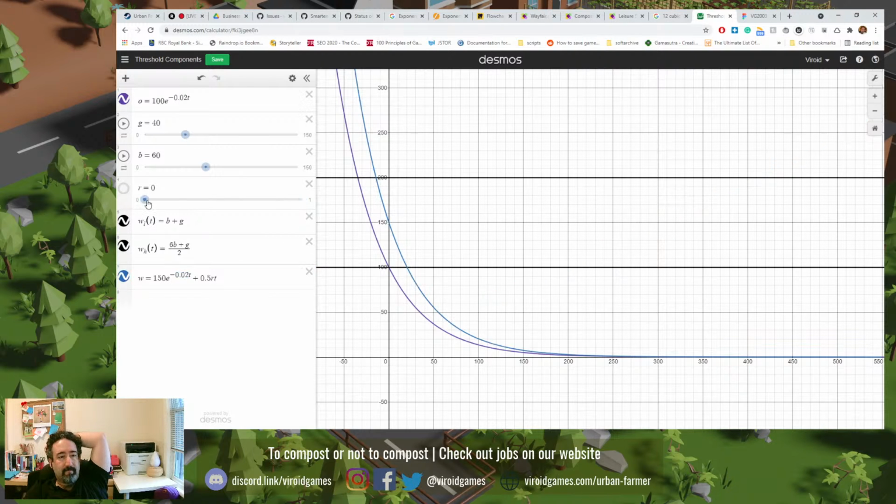So let's not rain. So at some point when you have 150 liters of water, in 20 hours you evaporate 50 liters of water.